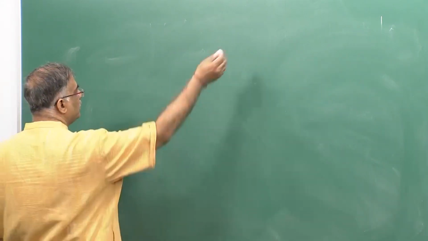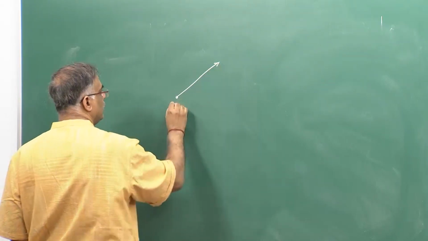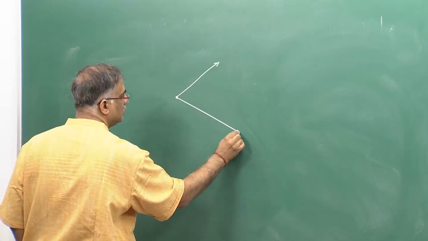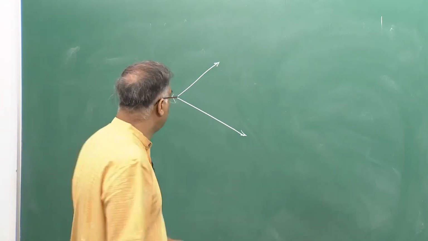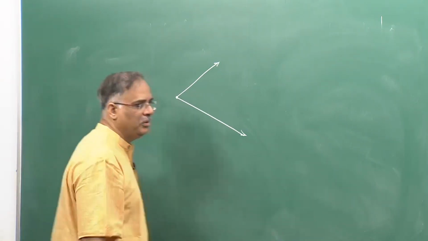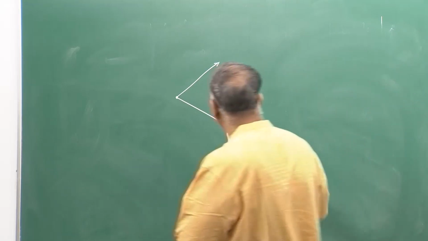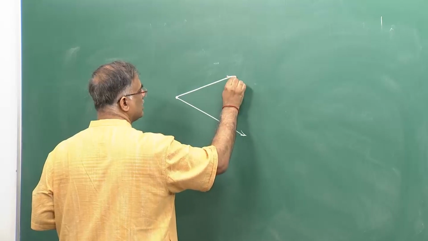So, suppose in the 3-dimensional space, here is my A, this is the origin, and here is B. Maybe I should change the angle, because in space it might look as if I have drawn something perpendicular, which maybe it actually is not.